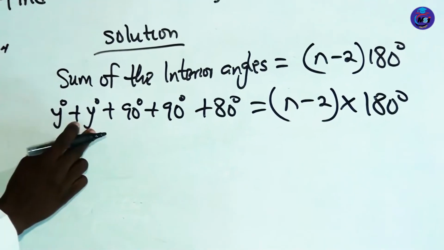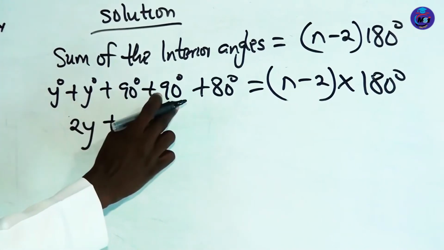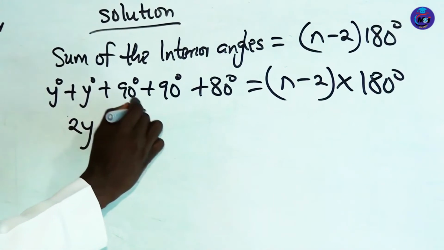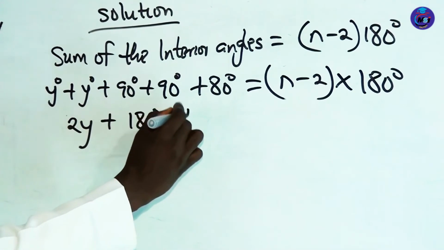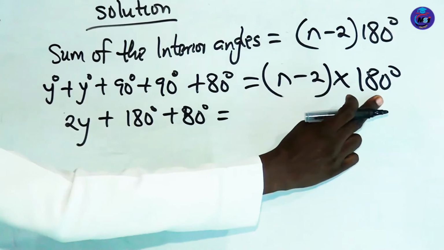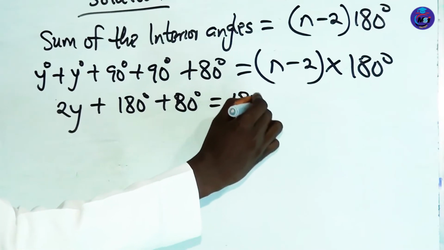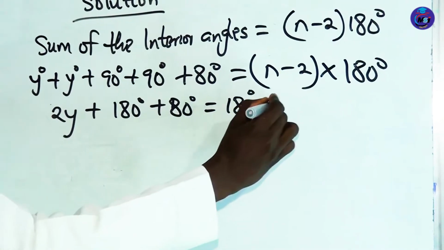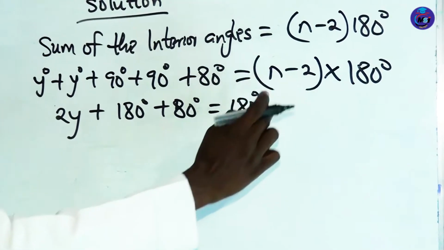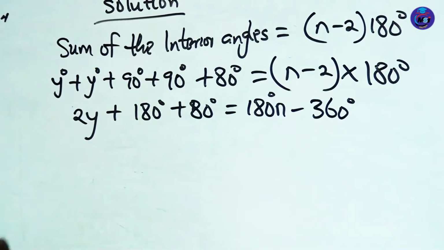Okay, y plus y will give us 2y. 90 plus 90 will give us 180, plus 80, equals 180n degrees, and 180 times minus 2 will give us minus 360 degrees.